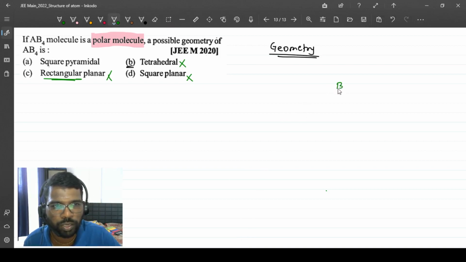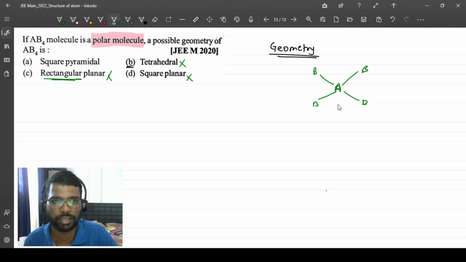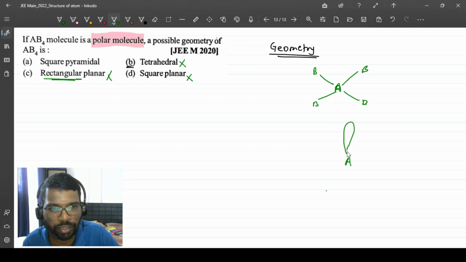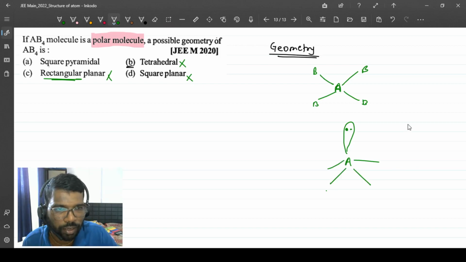Square planar means this is B, this is A. There is no lone pair on this, right? And dipole moments are cancelling one another. But if there is a lone pair on A, just imagine it this way, it is going to push this down.